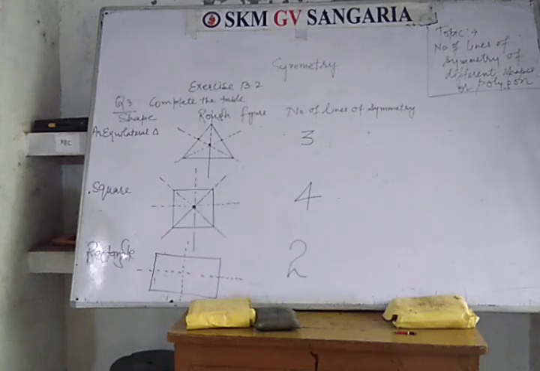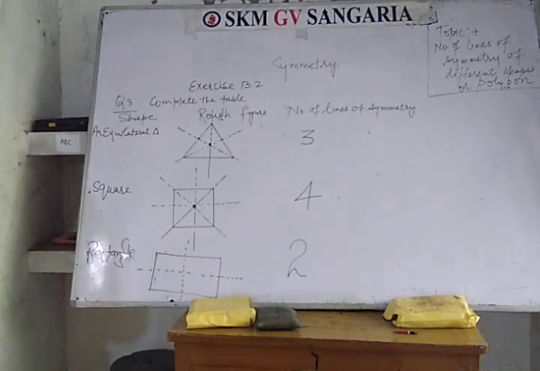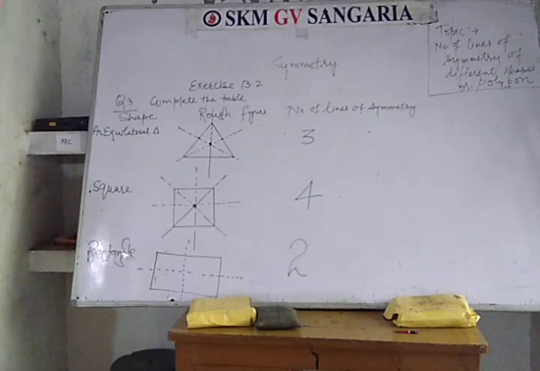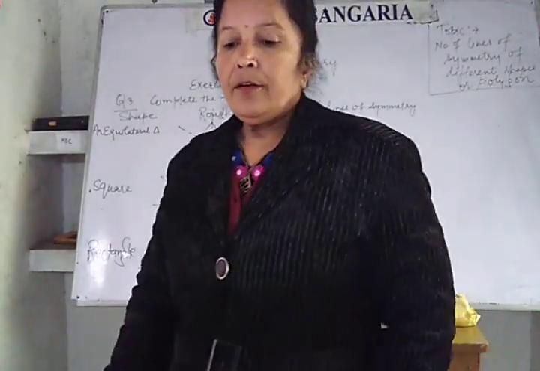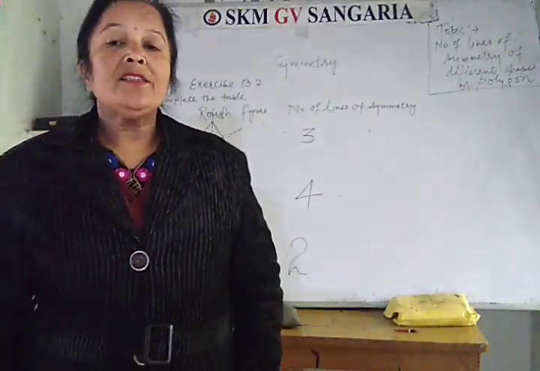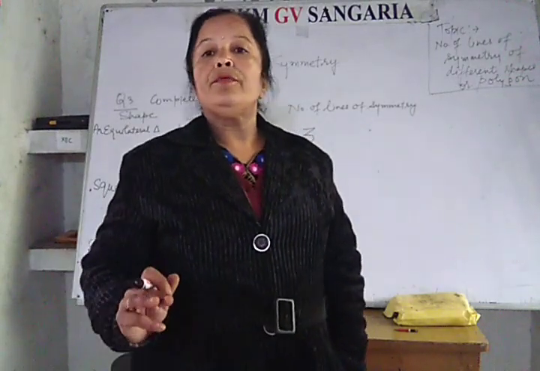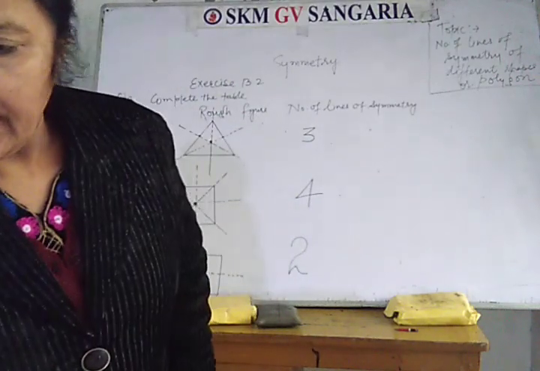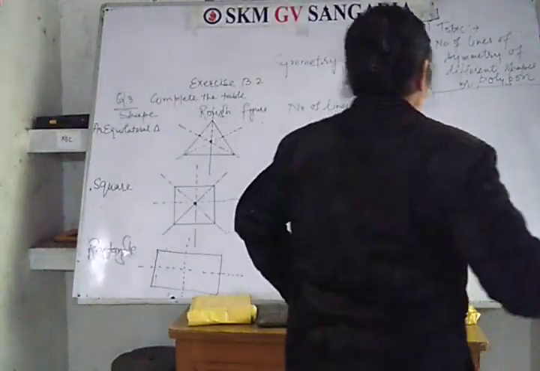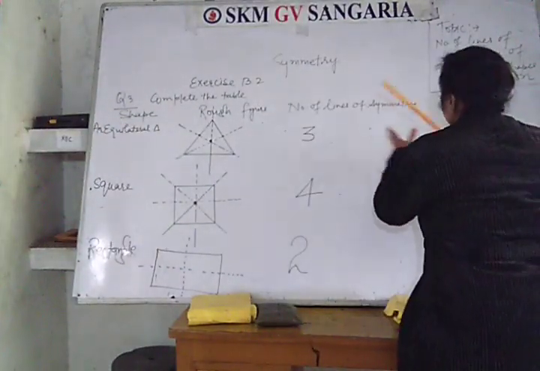Then it's isosceles triangle. An isosceles triangle is a triangle which has 2 sides of equal length and the third side of different length.